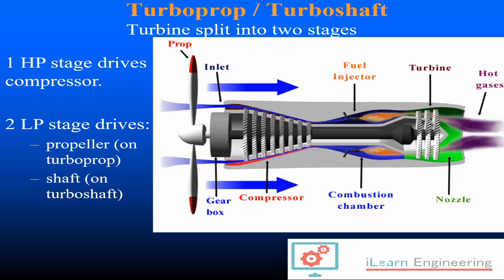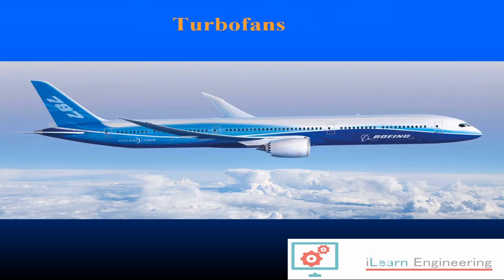Turbofans are the most popular variant, really. They are used on the most popular commercial aircraft, and their design has been very successful at reducing the fuel that's needed and also reducing the noise.